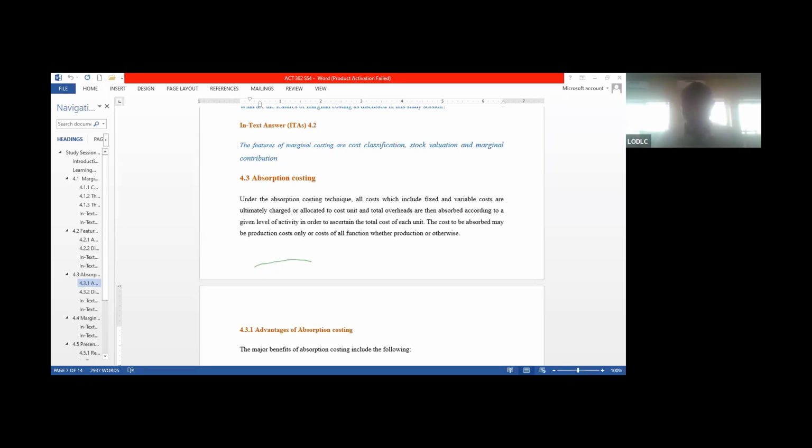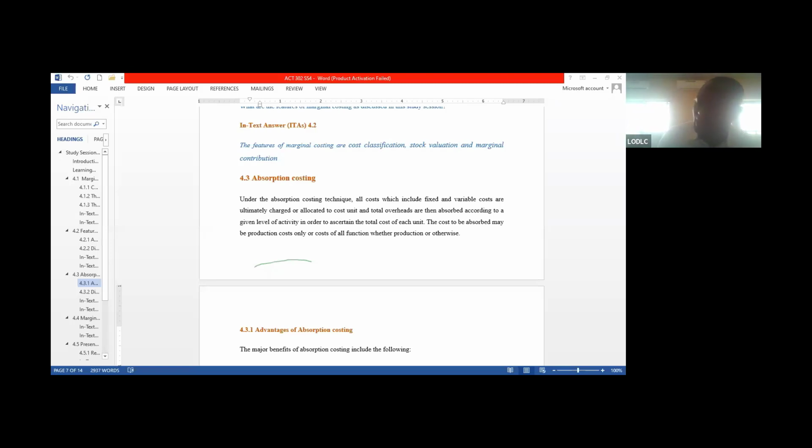which entails the full cost of manufacturing or providing a service. When we were talking about marginal costing the other time, I said only the variable costs that are relevant to decision making should be included. We don't need to include the fixed costs in our decision making.